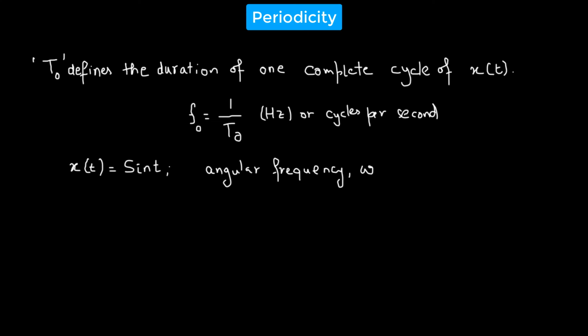It's defined as omega is 2 pi times the frequency f. So if we are to find out the fundamental angular frequency, that will be simply equal to 2 pi f naught, which in turn will be equal to 2 pi divided by the fundamental period t naught. So it is measured in radians per second.